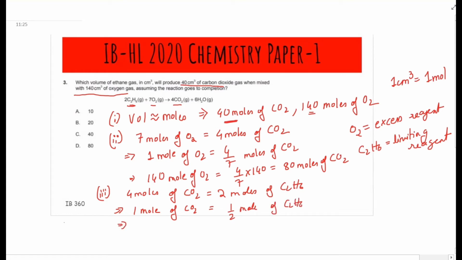Finally, 40 moles of CO2 is produced by 20 moles of C2H6. So we know that 20 moles of C2H6 is required. As I have taken the assumption that 1 mole is 1 centimeter cube, therefore 20 centimeter cube of C2H6 was required in this reaction.